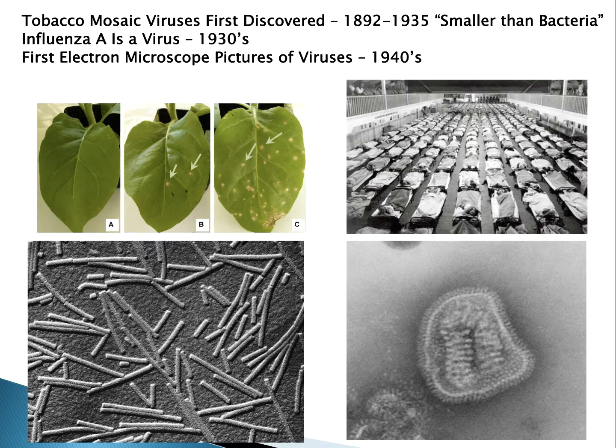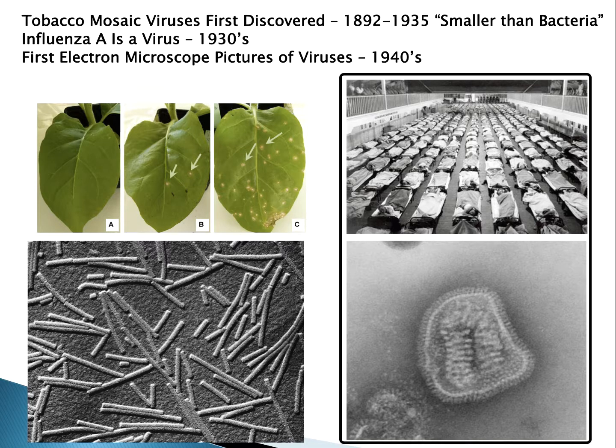Actually, influenza A was discovered as being a virus in the 1930s. And remember, the pandemic was in 1917 through 1919. So during the 1918 pandemic, influenza was thought to be a bacterium and not a virus. But then 10 years, 12 years later, they discovered, no, it was actually a virus.